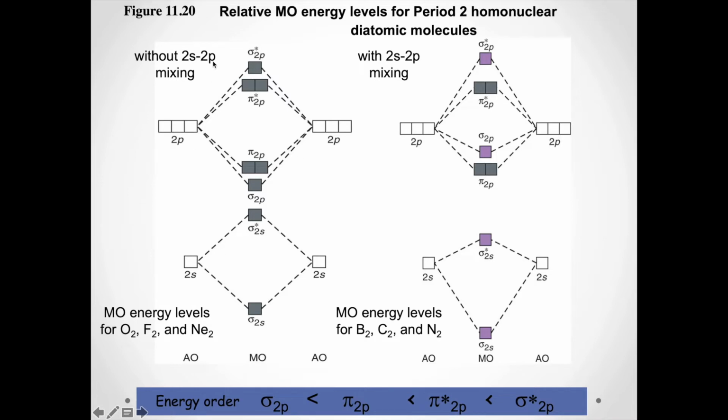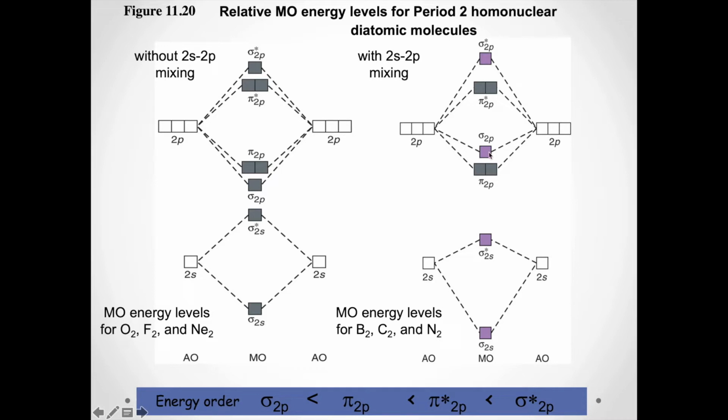This is without sp mixing, and this is with sp mixing. The main difference between these two is the arrangement of sigma and pi at the 2p level. Here we have sigma 2p, pi 2p, pi star 2p, and sigma star 2p. This is the energy level diagram for oxygen, fluorine, and neon.